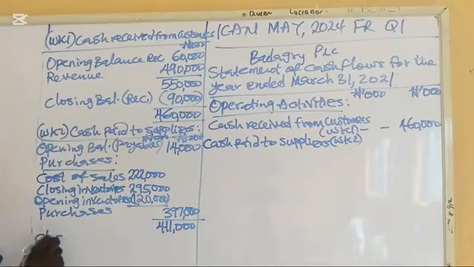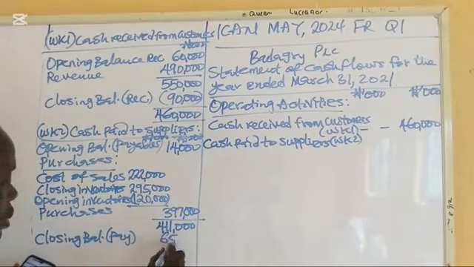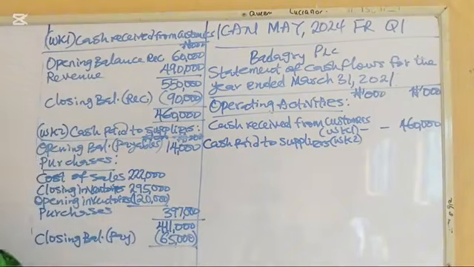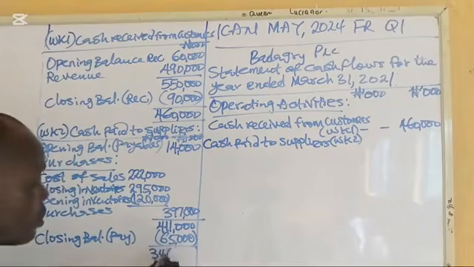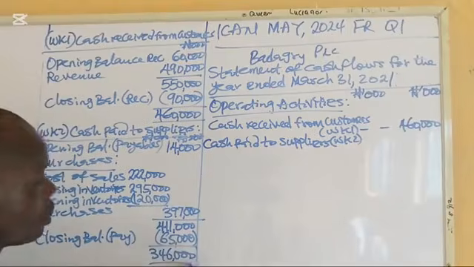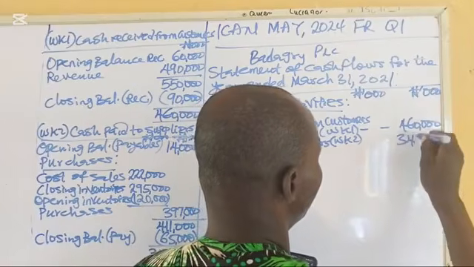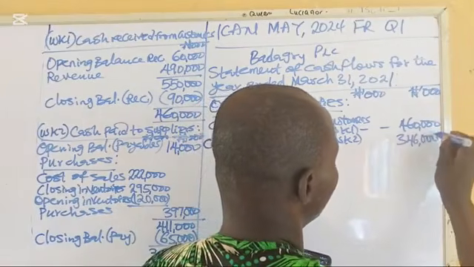Okay, closing balance payable 65,000. So you subtract that. 346,000. That is cash paid to suppliers, 346,000.